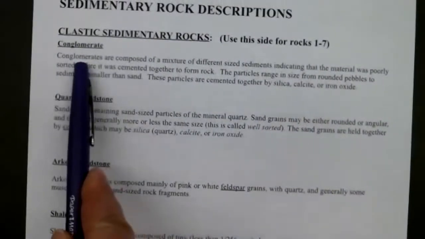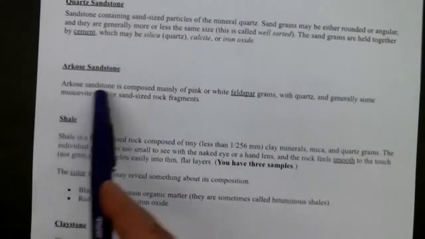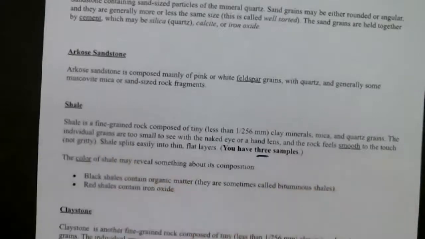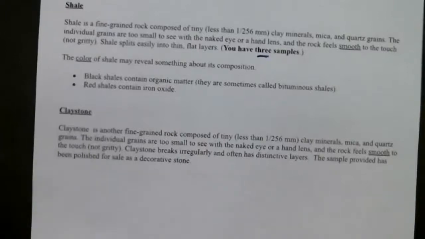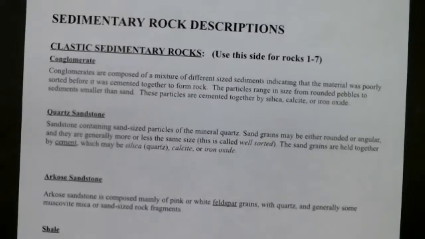One of them is a conglomerate, one is quartz sandstone, one is arkose sandstone, 3 are shale, and 1 is claystone. So your task is to read the descriptions, match up the descriptions to the information that you recorded on your data table, and identify the rocks.